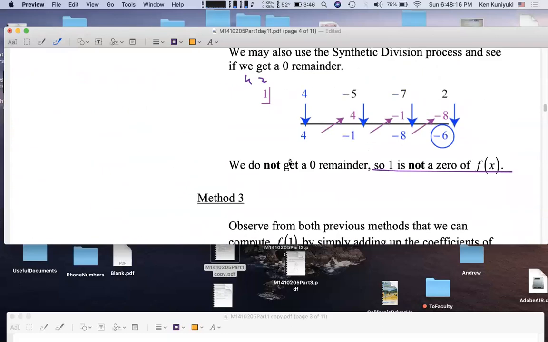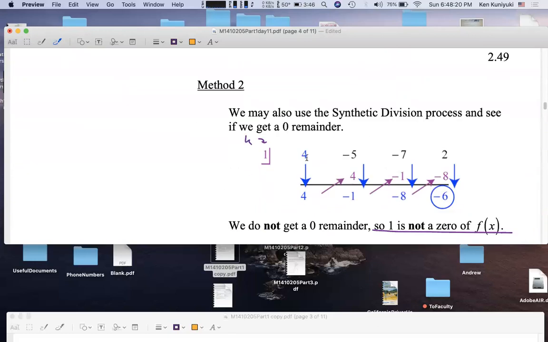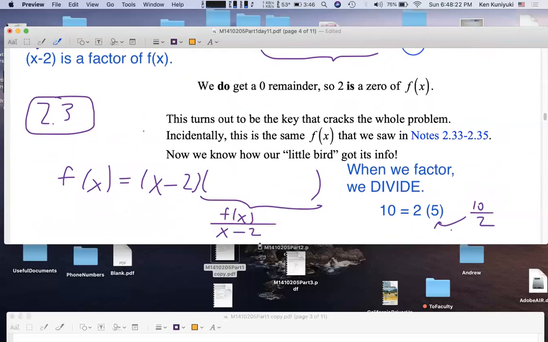Now remember, we started with a third-degree polynomial. If you take a third-degree polynomial and you divide it by a first-degree polynomial, the result is going to be what degree? It's going to be second degree.